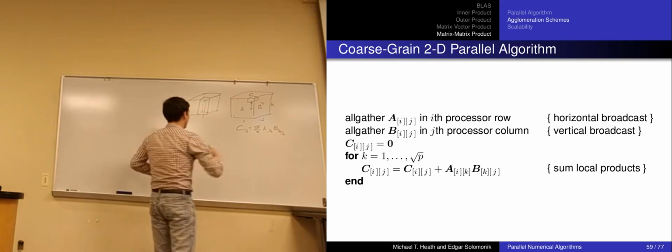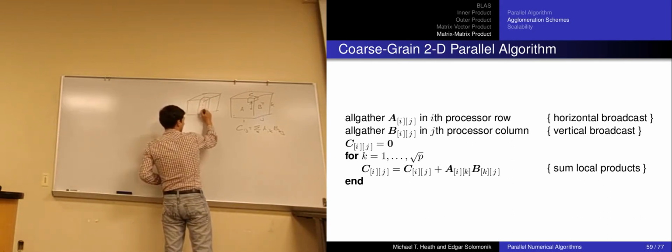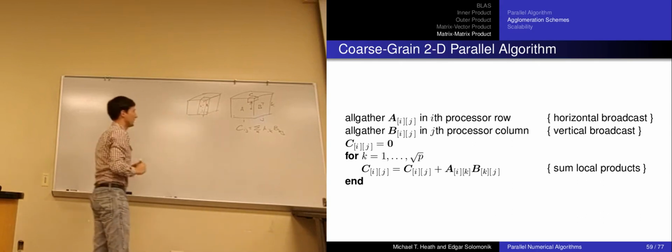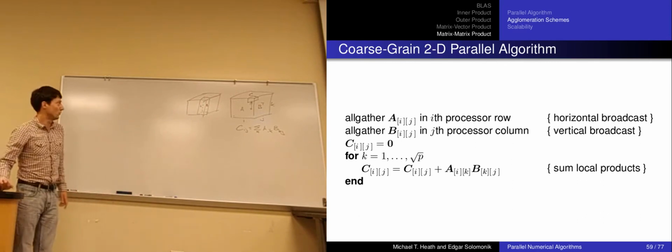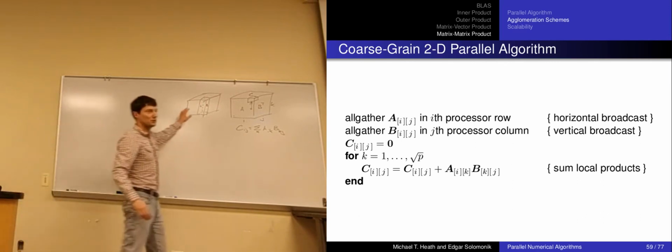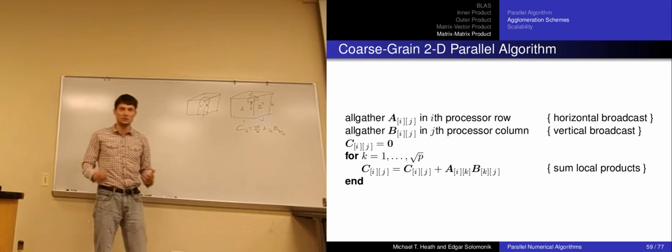And so it will then have to all-gather this part of A and this part of B from all other processors that owned it initially.